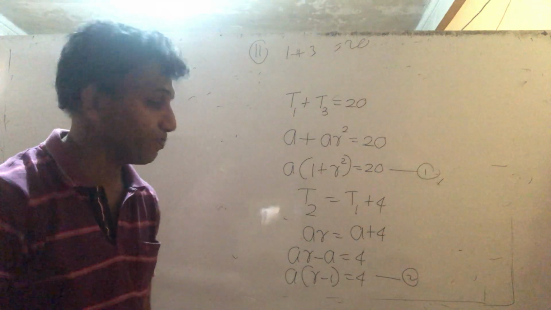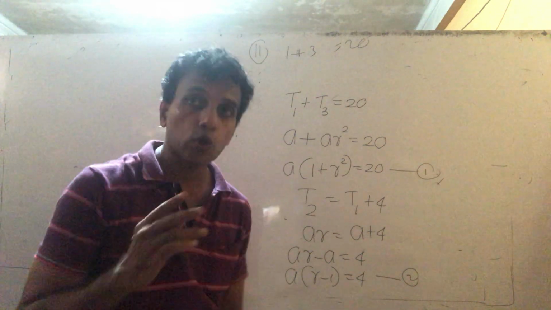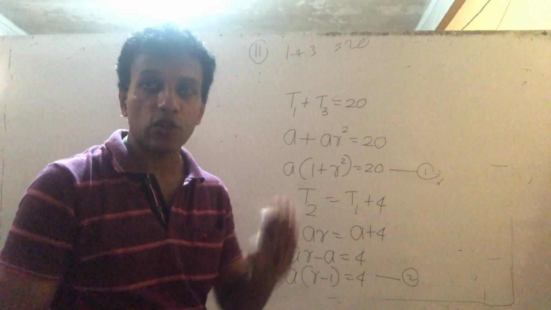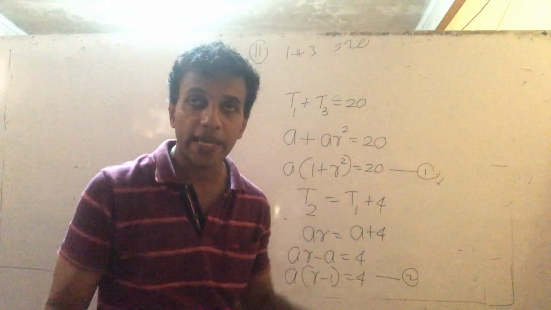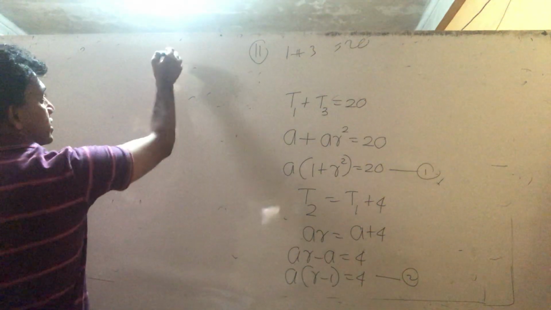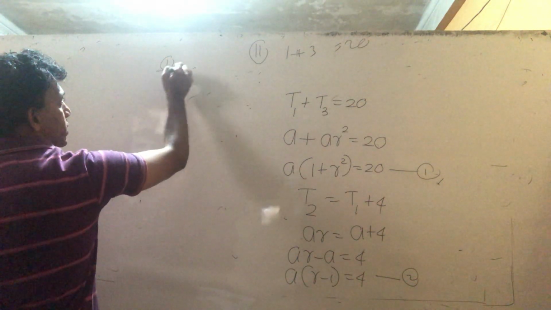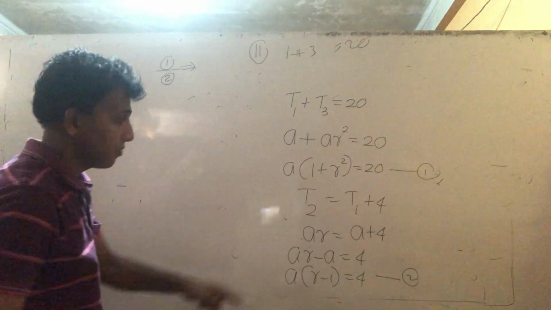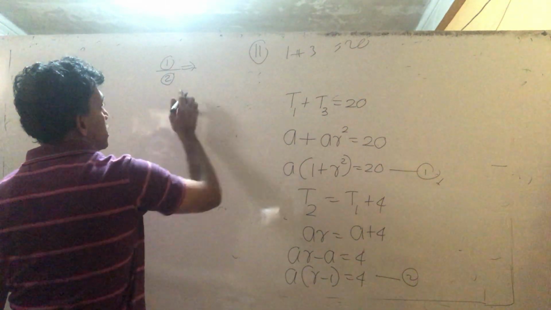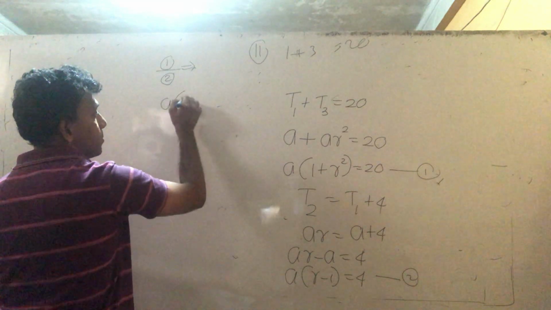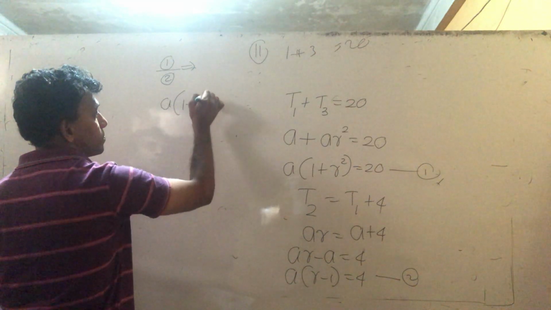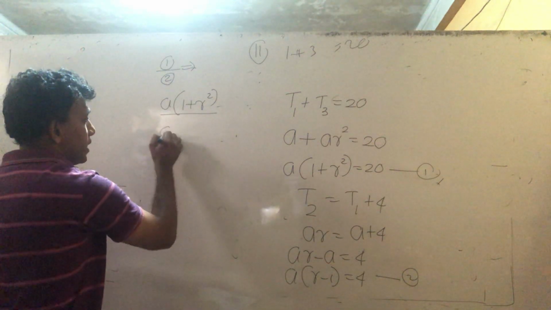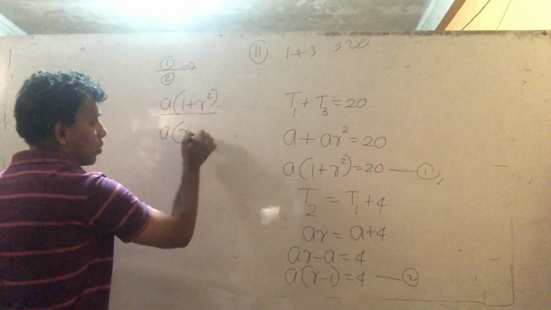Now the idea of solving: I said to solve more of these problems using the division method. If you divide one by the other, A cancels. So take the first equation and divide it by the second. The first one is A into 1 plus R square, divided by the second one, A into R minus 1.